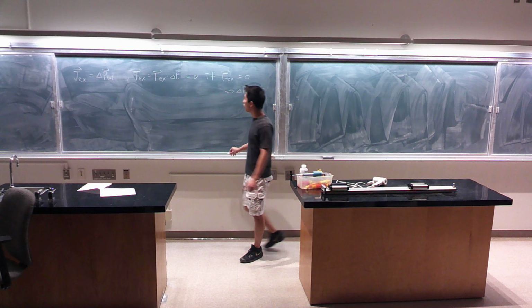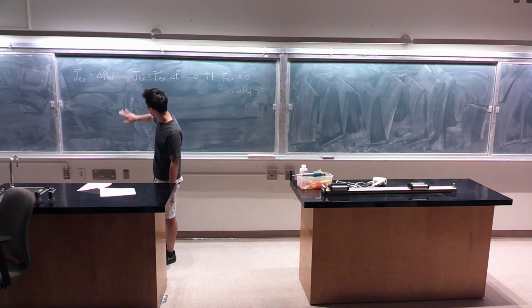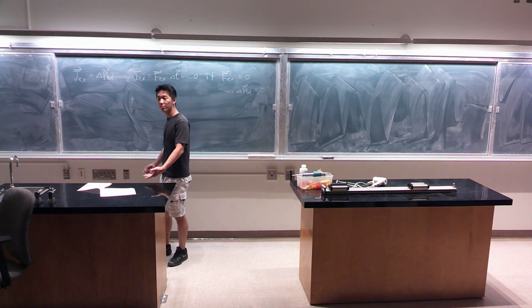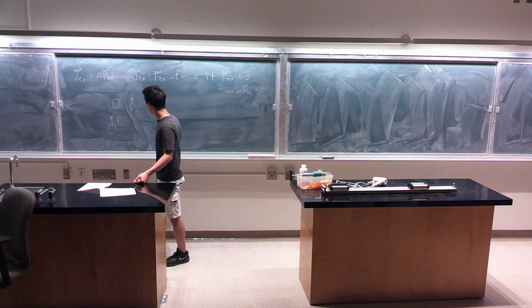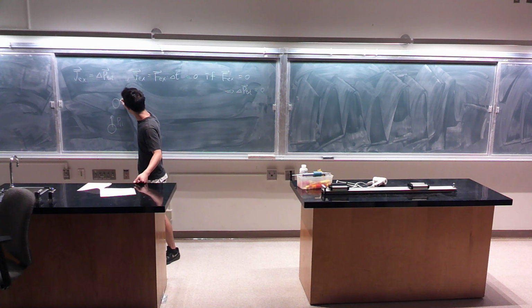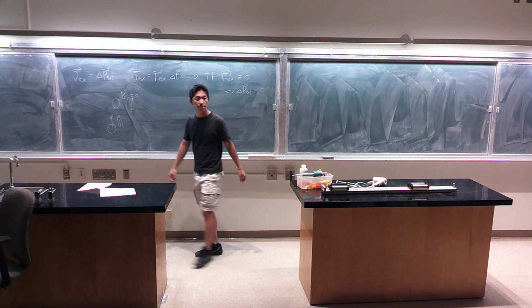So if we have a frictionless table and a ball is coming in with initial momentum, going to hit another ball. So the first ball has initial momentum, and the second ball has zero initial momentum. Okay?